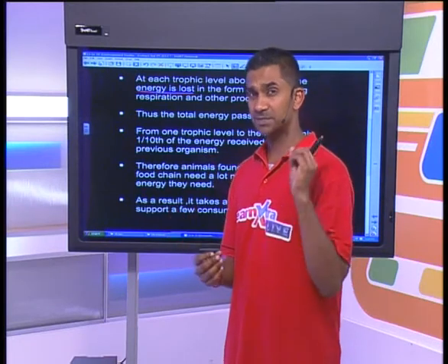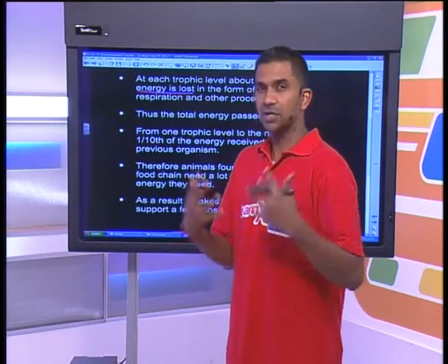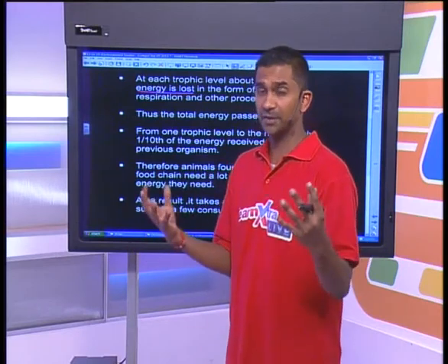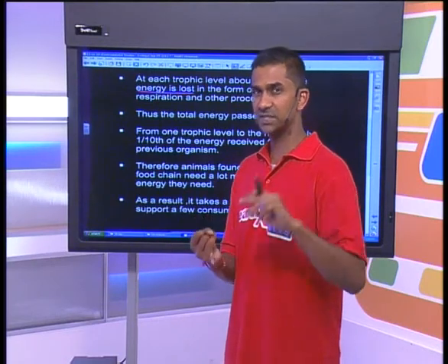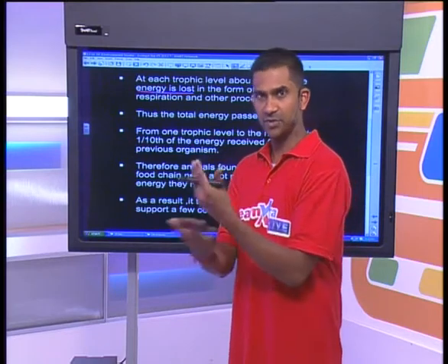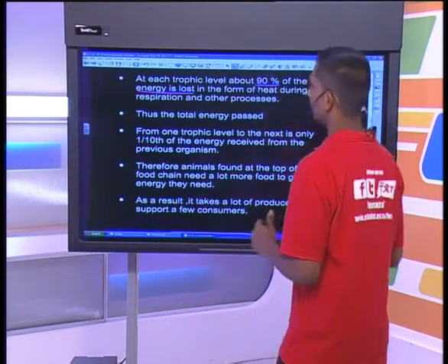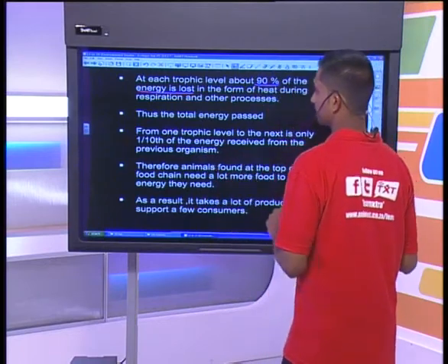And most organisms spend lots of energy in movement. Very little of that energy gets used to build up their body mass or biomass, and hence the energy is lost during physiological processes. It's lost through excretion as well as through heat from their body surfaces. And that's the reason why 90% of the energy is lost.